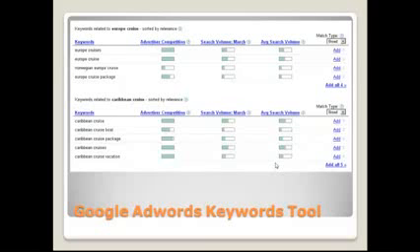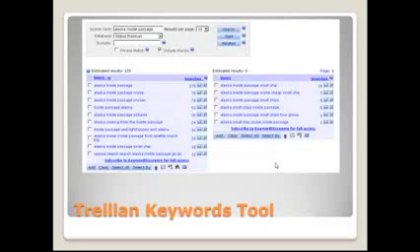And so this is a great way to find some of those ideas that you might not have been able to just think of off the top of your head. And here's an example of Trillion keyword search. Like I said earlier, they have a free trial for 30 days.